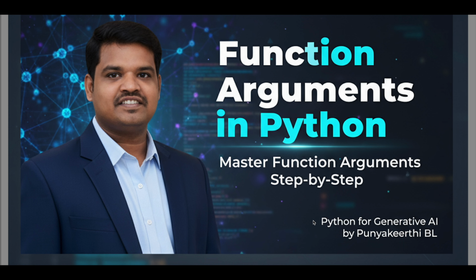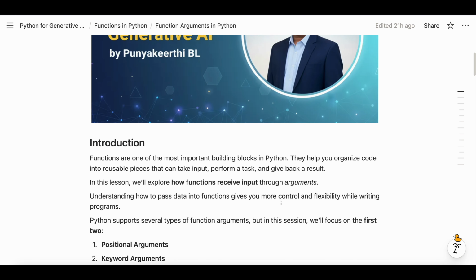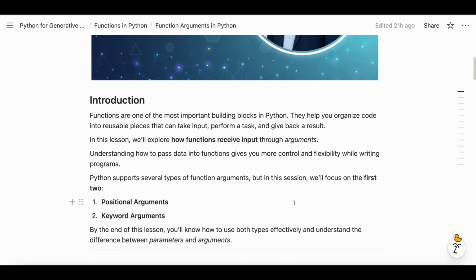So let's start with today's topic, function arguments in Python. Let's start with the introduction. Functions are one of the most important building blocks in Python. They help you organize code into reusable pieces that can take input, perform a task, and give back a result. In this lesson, we will explore how functions receive input through arguments.